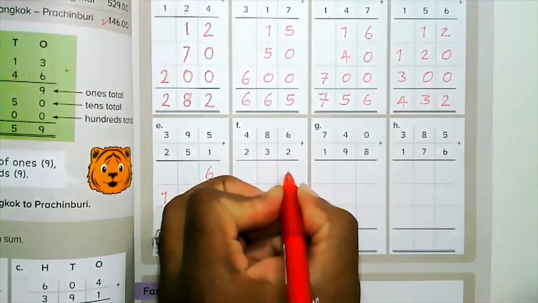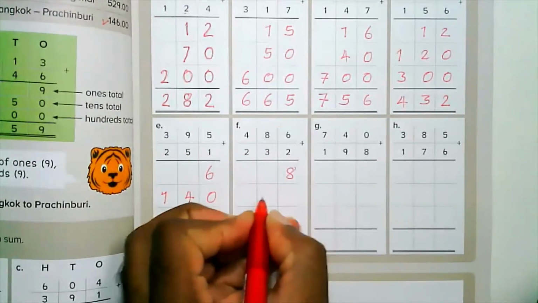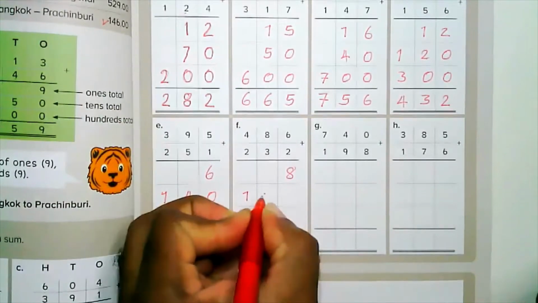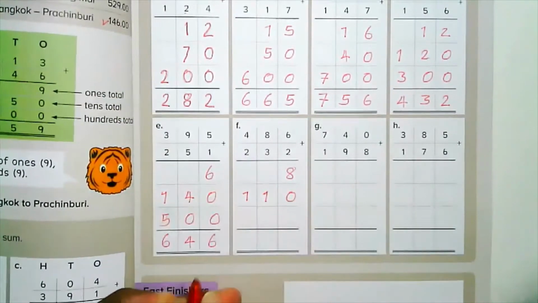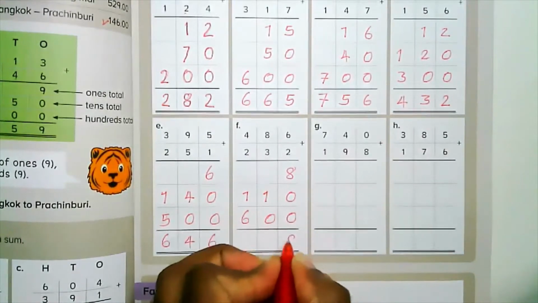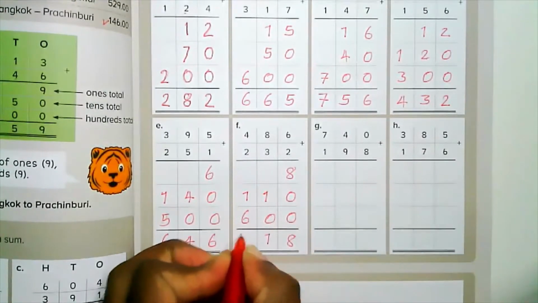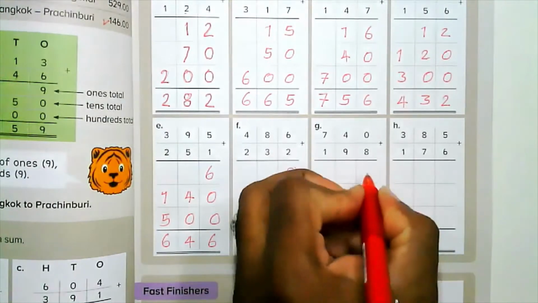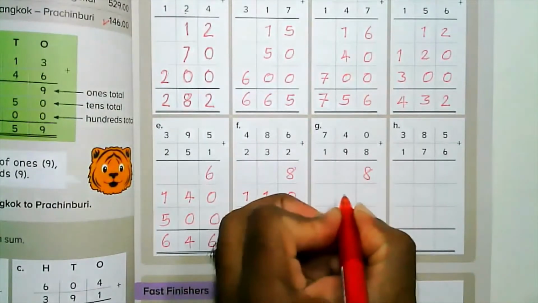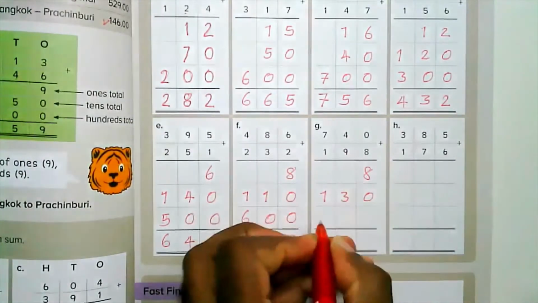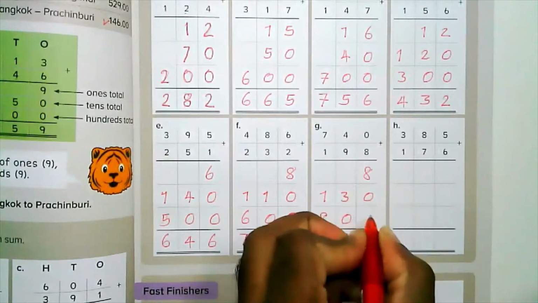Next, this will be 8. This will be 110. This will be 600. 718. Next, we have 8. We have 130. We have 800 here.